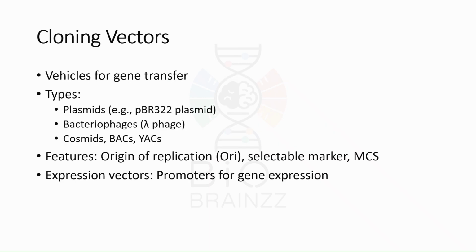Cloning vectors are DNA molecules used to carry foreign genes into host cells, facilitating replication and expression. Common types include plasmids, for example pBR322, bacteriophages, cosmids, BACs, and YACs. Each vector type has specific advantages depending on the size of DNA to be cloned and the host system used.